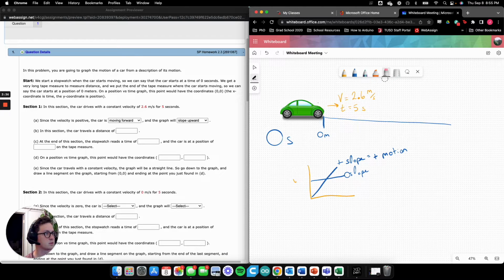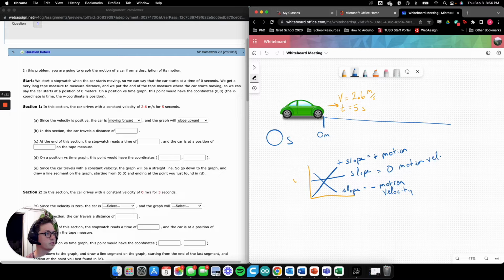Wow, this program does not like my L's. Okay, I'll have to do basic L's. Or when I say motion, I'm also talking velocity. I'm using those words interchangeably, basically.